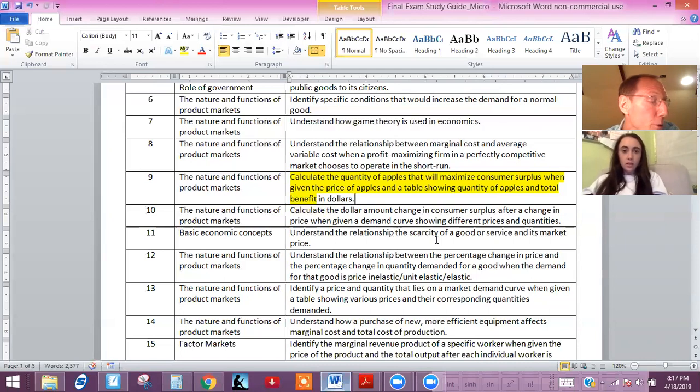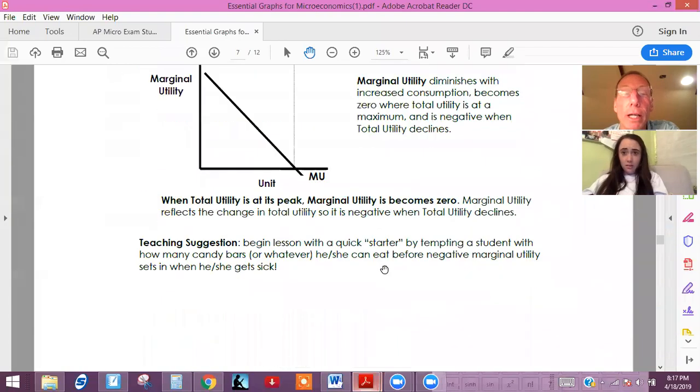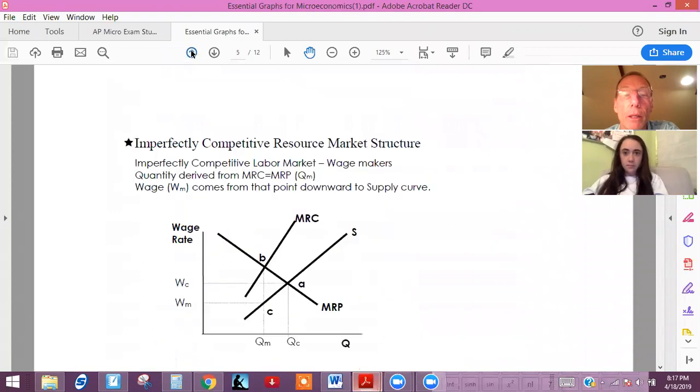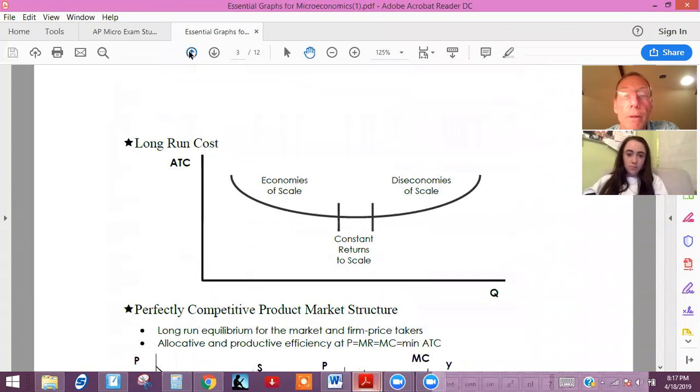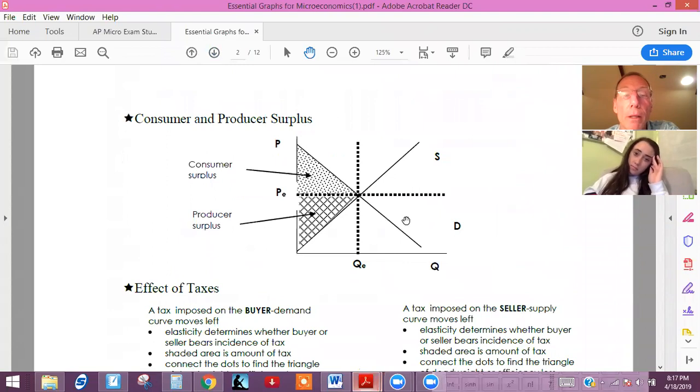If something becomes more scarce, does that affect demand or supply? Supply. Yeah, absolutely. So if we jump up here to a basic supply and demand graph right here, if it becomes more scarce, supply is going to shift to the left, which means price does what?